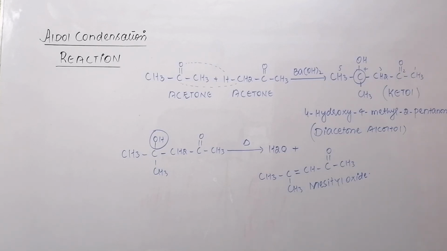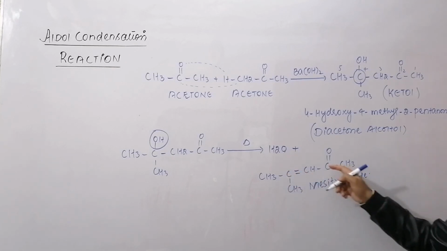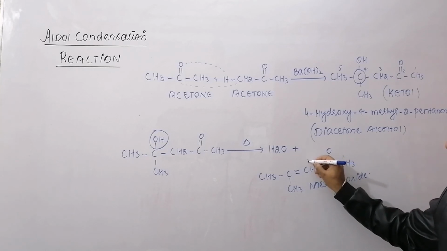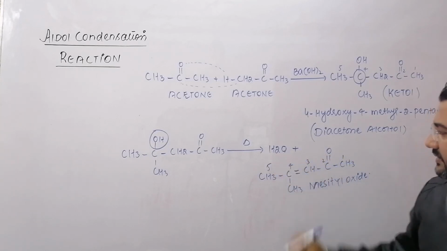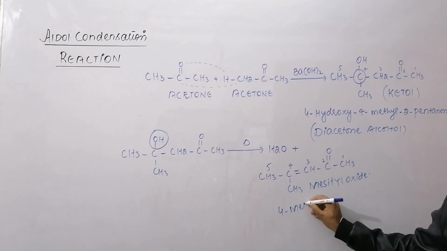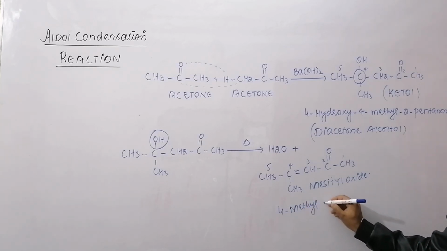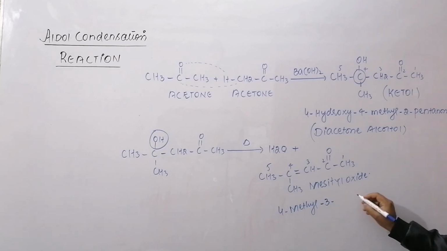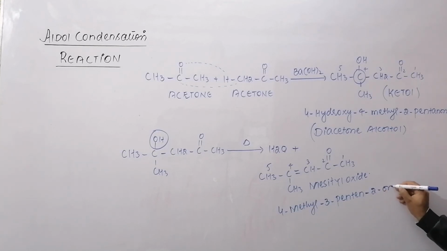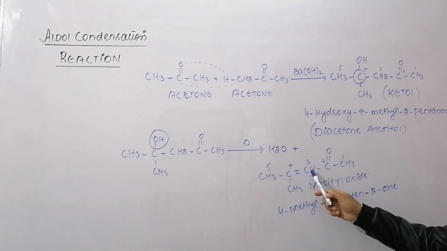And what should be the IUPAC name of this alpha beta unsaturated ketone? It is carbon number 1, 2, 3, 4 and 5. So dear student, it is 4-methyl-3-pentene-2-one.